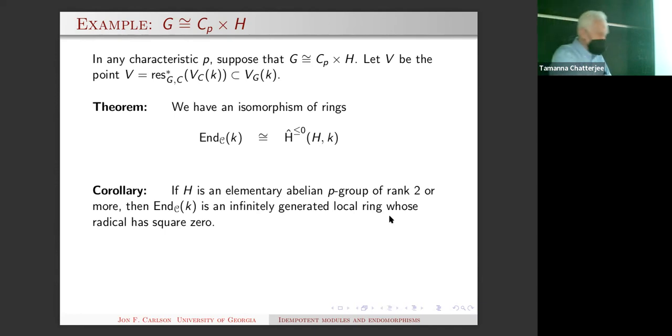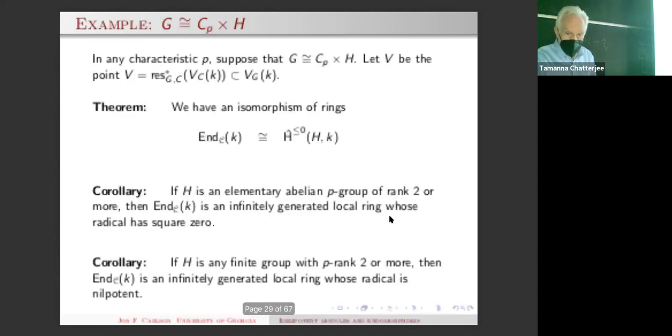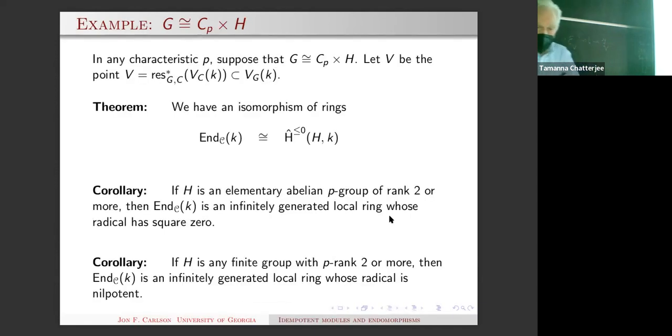This actually comes from a paper that Dave Benson and I wrote 30 years ago or so on negative cohomology. And if H is any finite group of P-rank 2 or more, then this endomorphism ring of the trivial module is going to be an infinitely generated local ring.